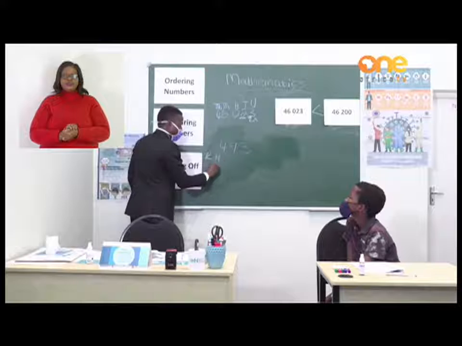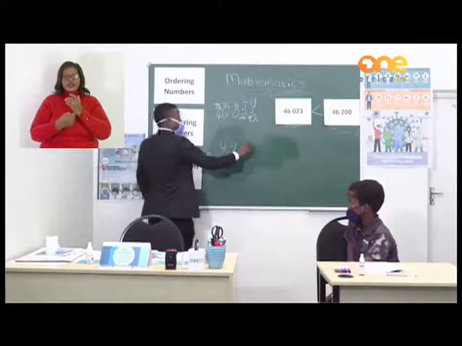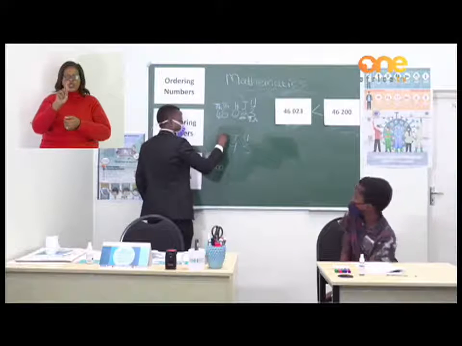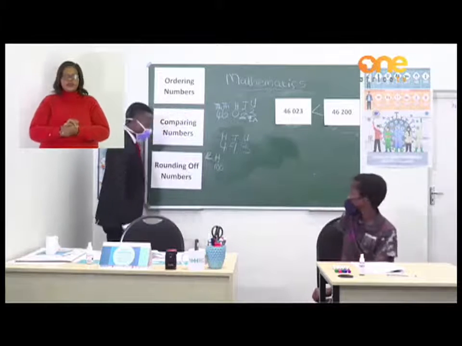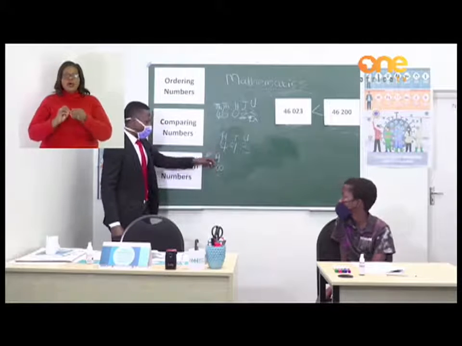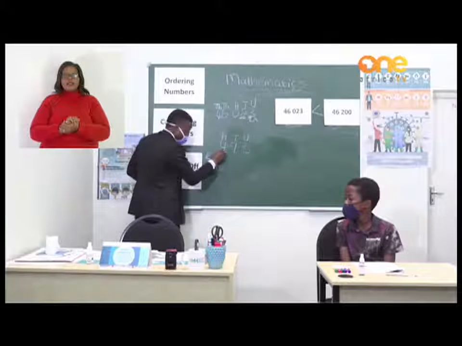H is 100. We have a unit, we have a 10, we have 100. Now, the number we are rounding off here is in the position of 100, so that number will be 4.